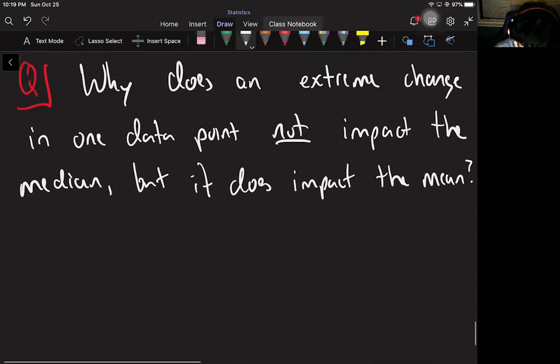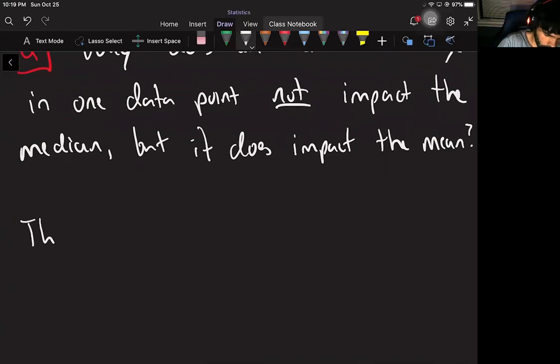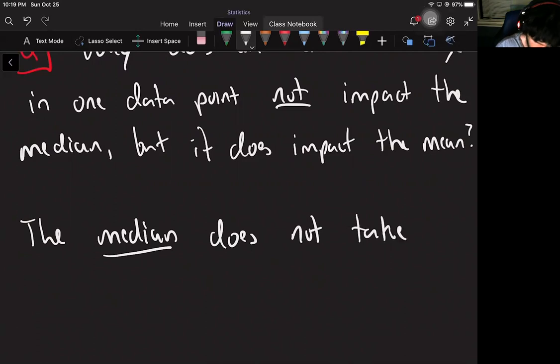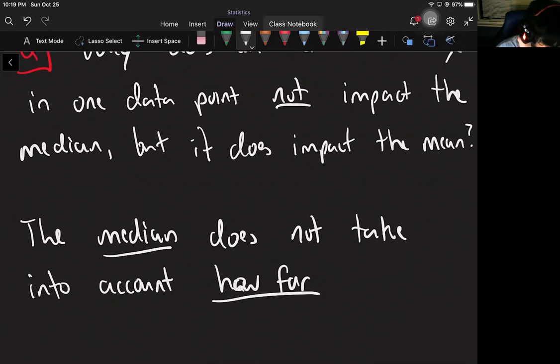All right, anyway, why does an extreme change in one data point not impact the median, but it does impact the mean? So the idea is that the median, this time I will underline it on purpose, does not take into account how far to the left or right a data point is.